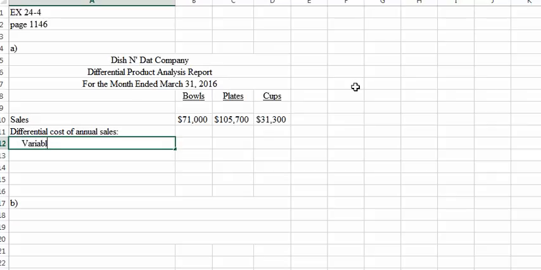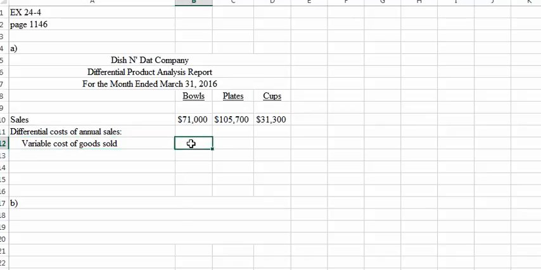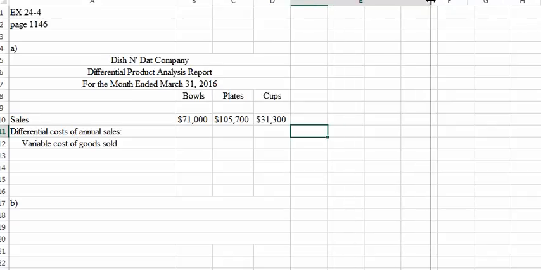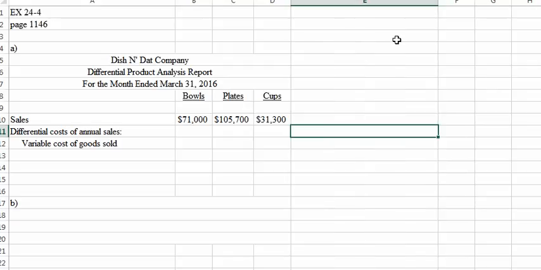First we'll look at variable cost of goods sold. I guess we should say differential costs, there are more than one, of annual sales. Variable cost of goods sold would be first. Well, remember here, you guys, our formula, total cost is always equal to fixed cost plus variable cost.